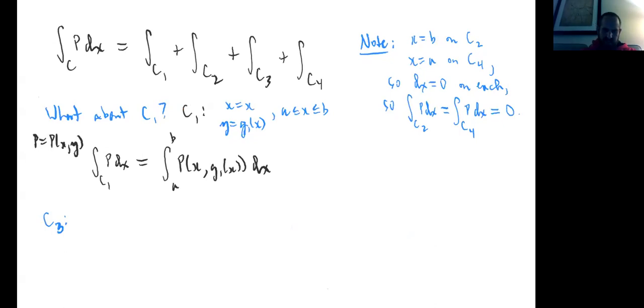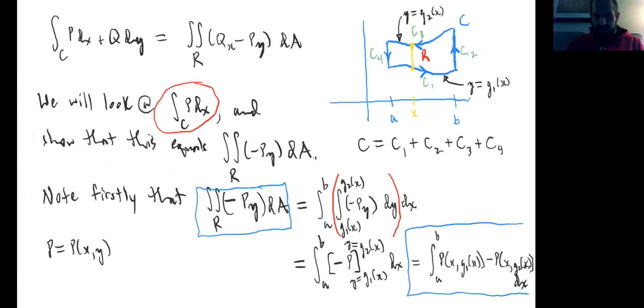So what about C3? C3 is the curve that's going along the top, and it goes from right to left. So x is going from b to a in this particular case.